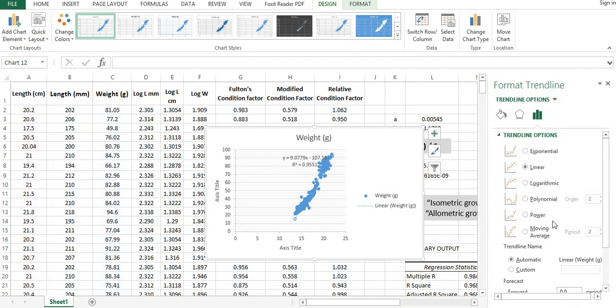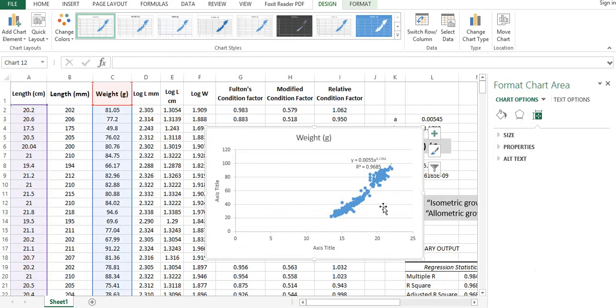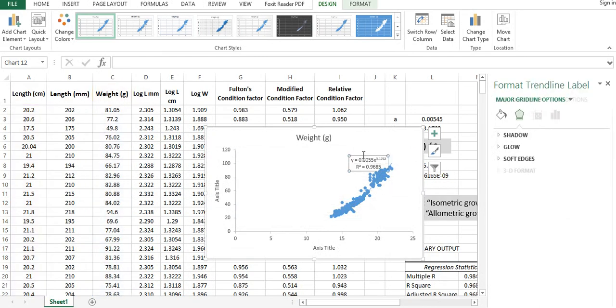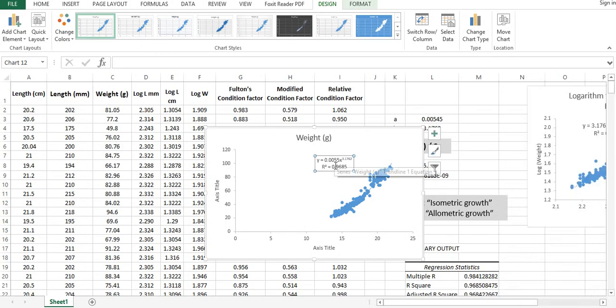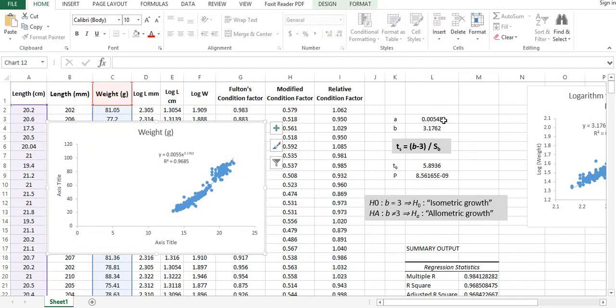Now you can get your a value from here. The a value is 0.0055, which we convert from the log form by taking 10 to the power. So 0.0055 is the a value we consider for the relative condition factor.